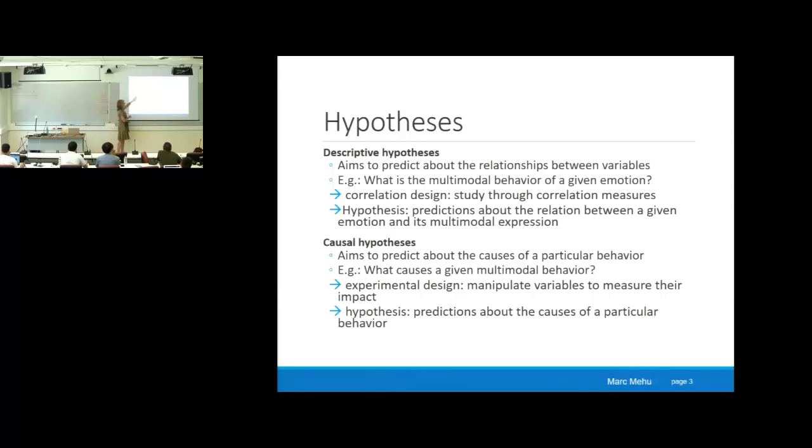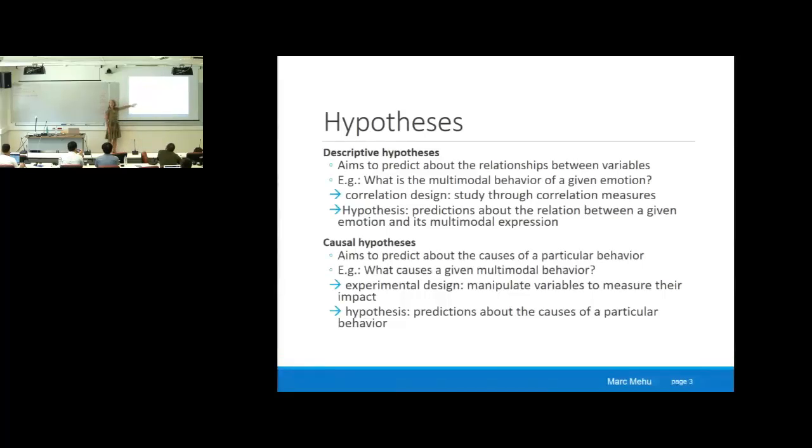But you may also want to find out, given some emotions, what the expressions or the acoustic cues linked to these emotions would be. So you want to predict the relationship between a given emotion and its multimodal expression, visual and or acoustic. While in the causal hypothesis, the aim is to predict the causes of a particular behavior.